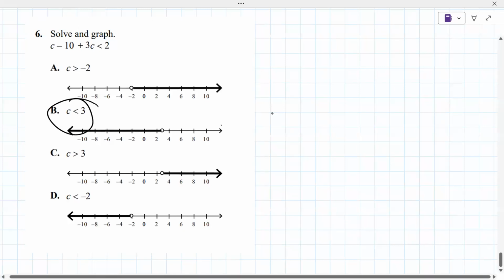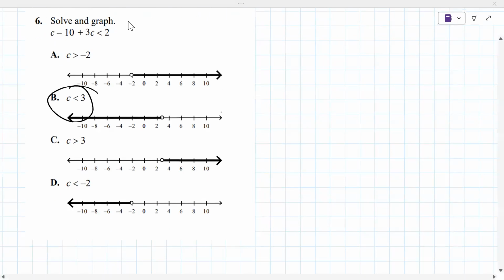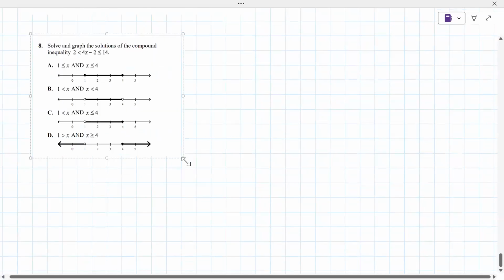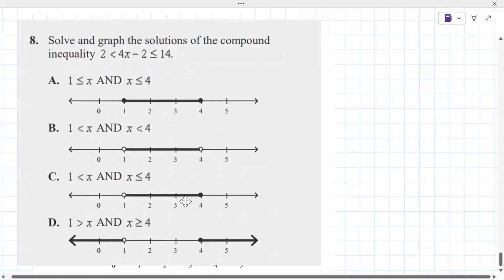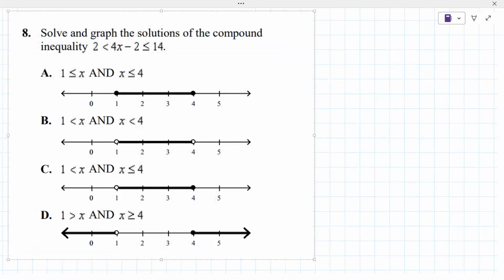Actually, this was not a very good question because they just give you that. All right. So we did solve a few of these in between inequalities. So maybe would you go ahead and give this one a try, please?